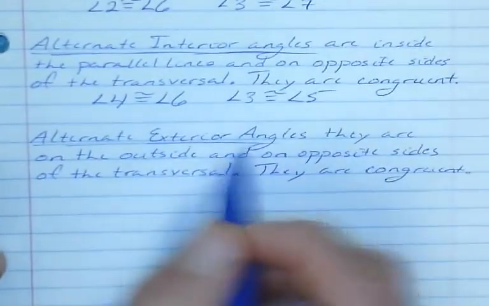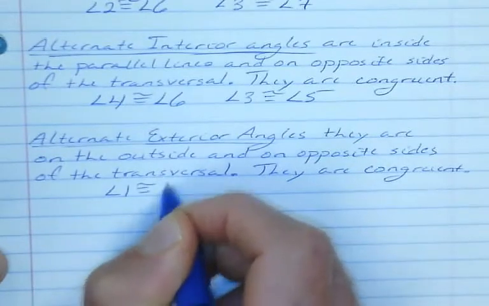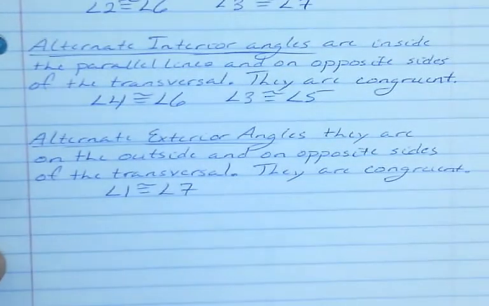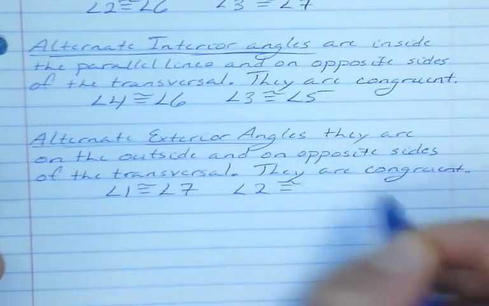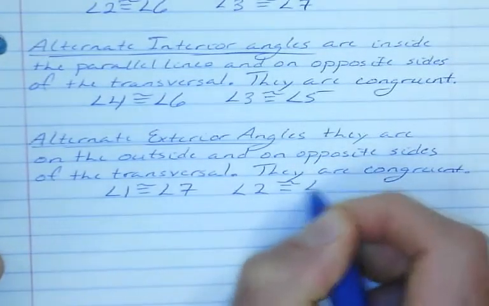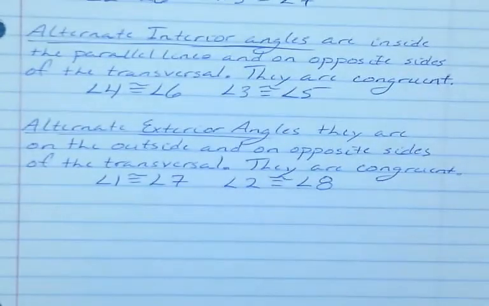So let's put that down. Angle 1 is congruent to angle 7 because they're alternate exteriors. Angle 2 is congruent to angle 8 because they are alternate exteriors. So alternate exteriors are equal to each other.